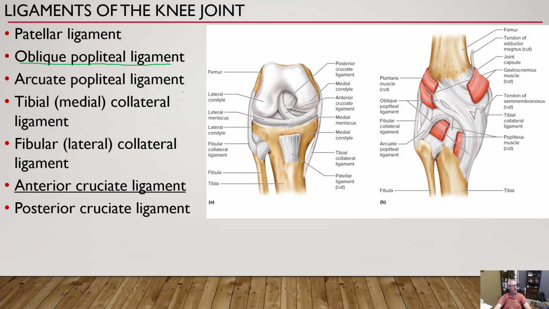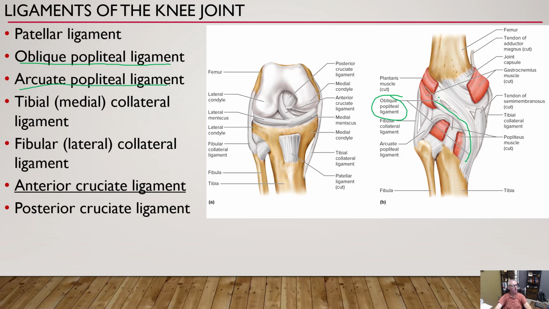So the oblique kind of runs diagonal. So your oblique popliteal ligament runs kind of diagonal.